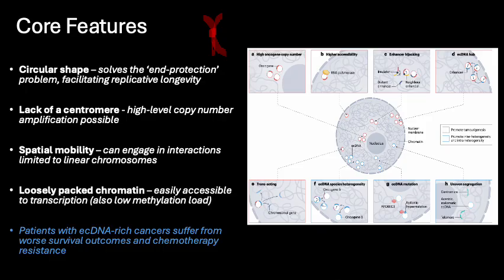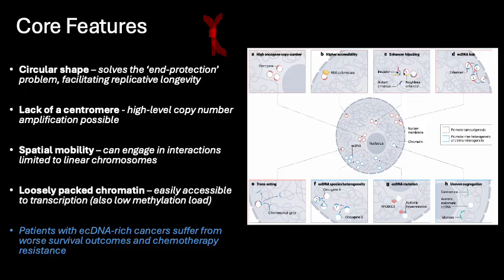Finally, ecDNA is composed of very loosely packed chromatin. This loosely packed chromatin is important because it remains more accessible to the cellular machinery that transcribes and replicates DNA. Because the gene products within ecDNA are more accessible, this allows for increased oncogenesis and increased oncogene protein formation.